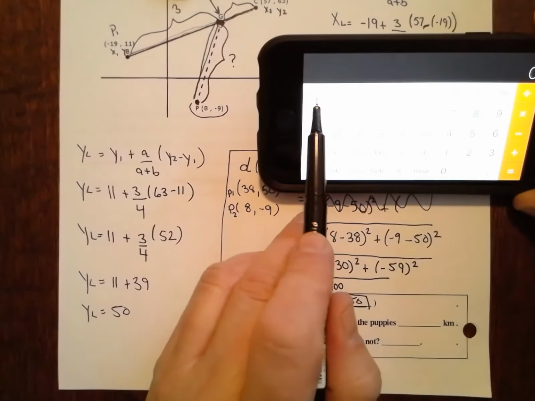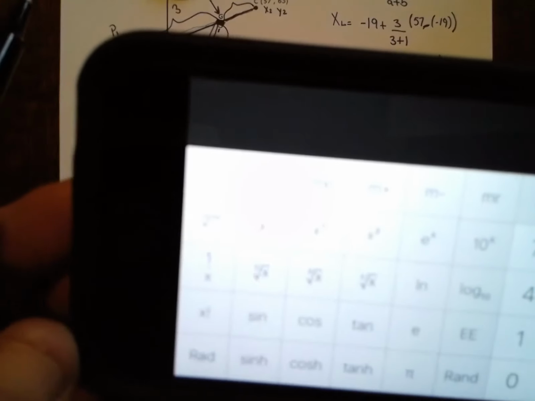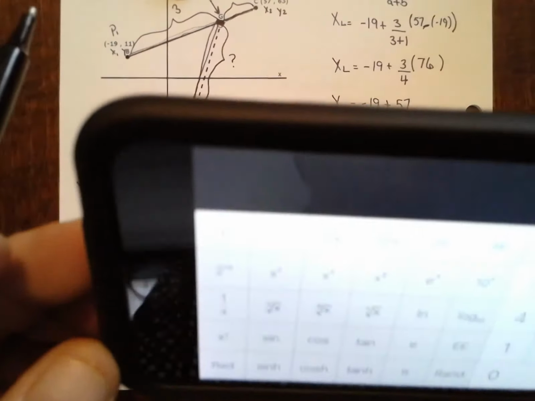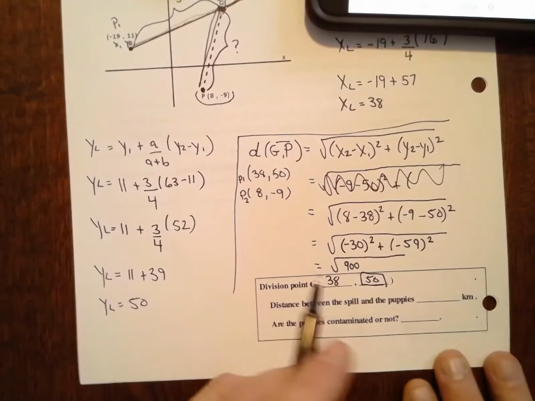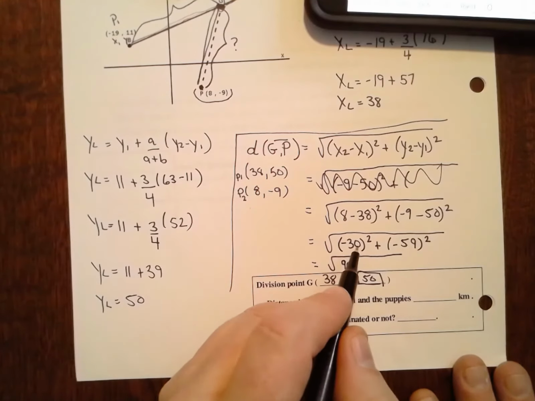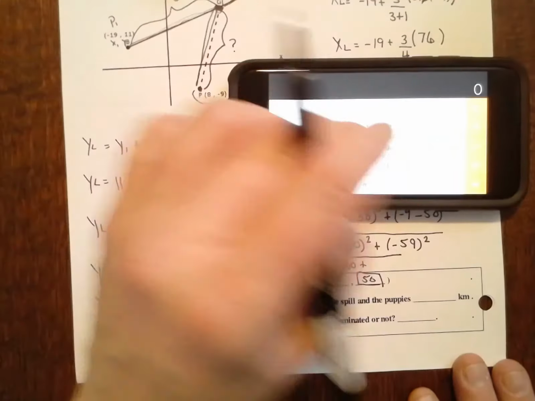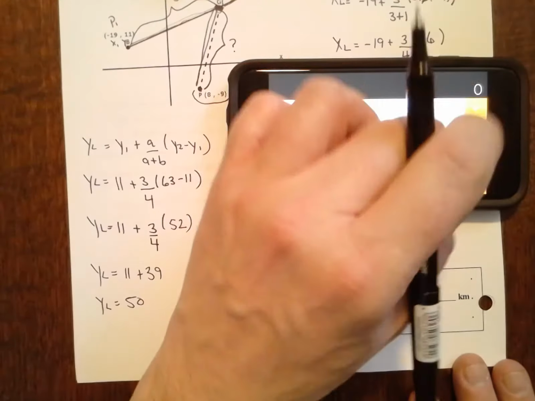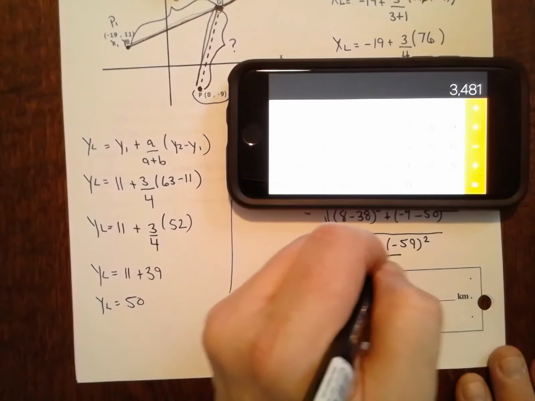On my calculator, you can't really make them out here. Let's see if I can just lift that up for a second. You can kind of see them. I'm sorry about that. Anyways, you know what the brackets look like. Make sure you use them. So open the bracket up, negative 30, close the bracket, then hit the square. And that should solve your problem. The other one, sorry, let me just clear that, 59 squared is 3,481.